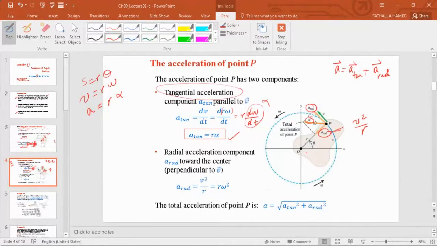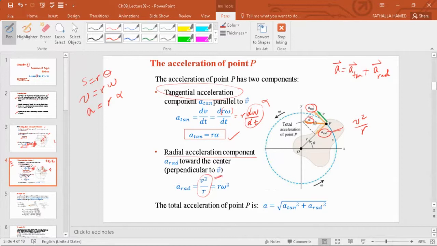So now, we also know that there is another component of the acceleration here, which we call radial component. It's centripetal, and it is always perpendicular to v, and this is what causes the change in direction. And we said it has a magnitude equal to v squared over r.